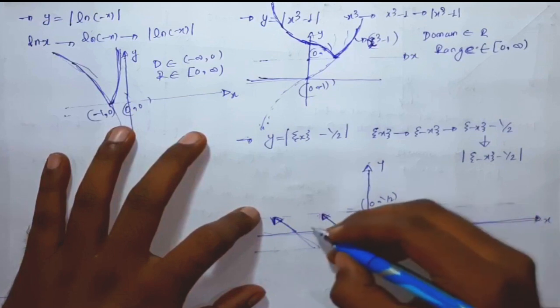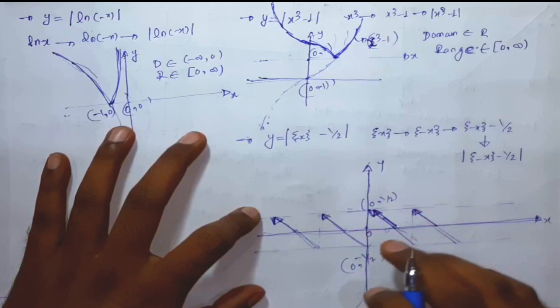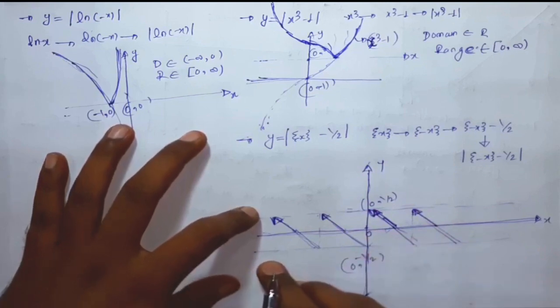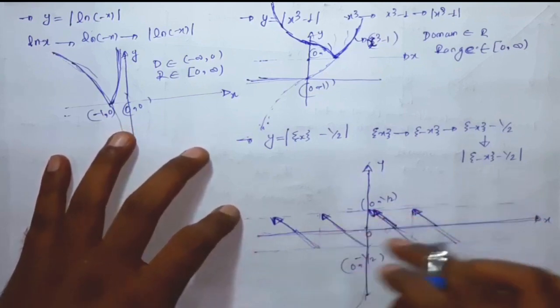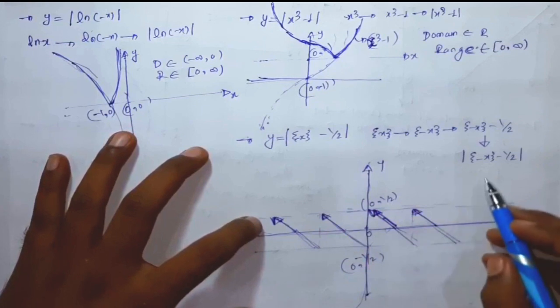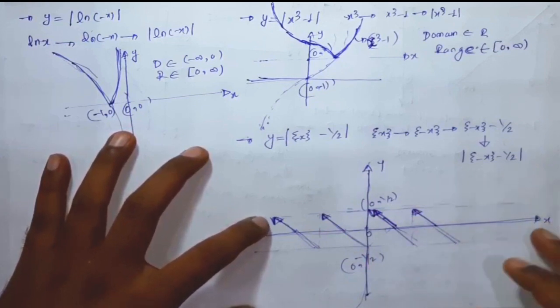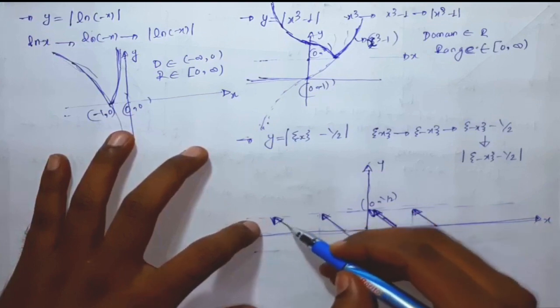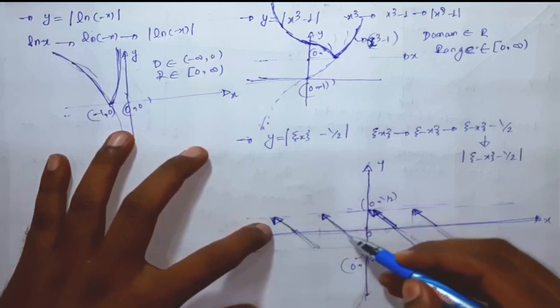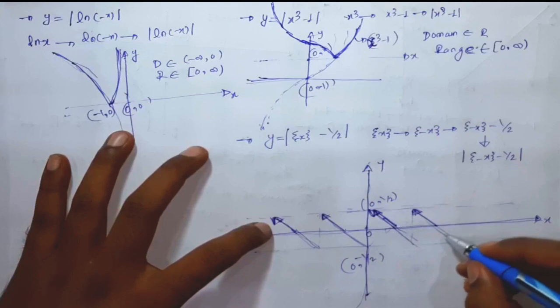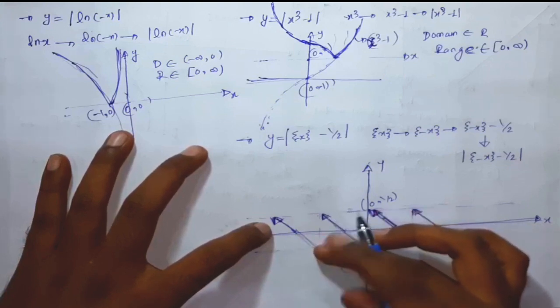Okay, now we are going to take the mod on this graph. If the inner portion is positive, then the mod will open as a positive. So the inner portion will remain as it is and it will be retained. For the negative portion, this portion is going to be negative, so we will take the image in the x-axis like this.